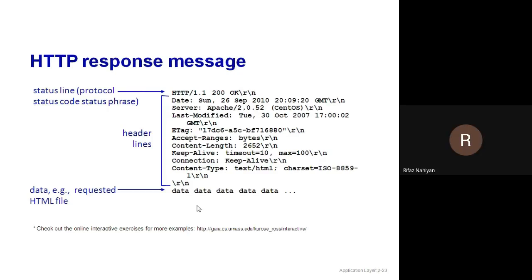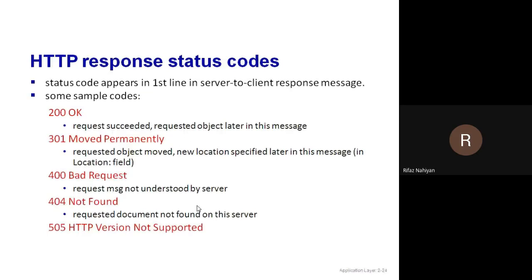Sir, with one HTTP response, are all the objects sent? Sorry, sir, if a website has multiple objects, maybe 10 image files, then for each image file will a separate response be sent? Right, there will be a separate response for every object because there will be a separate request for every object.